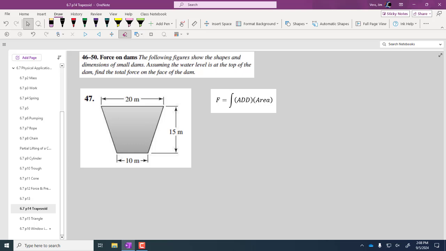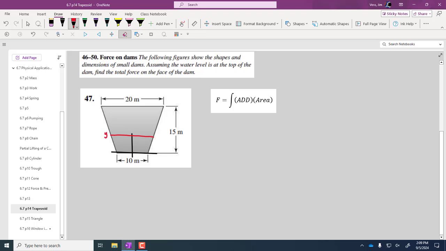And we're going to draw a coordinate system here. Usually I like drawing the coordinate system in this position. What we're going to do is take a representative element, which is going to be horizontal. So this is a representative element at a random y.